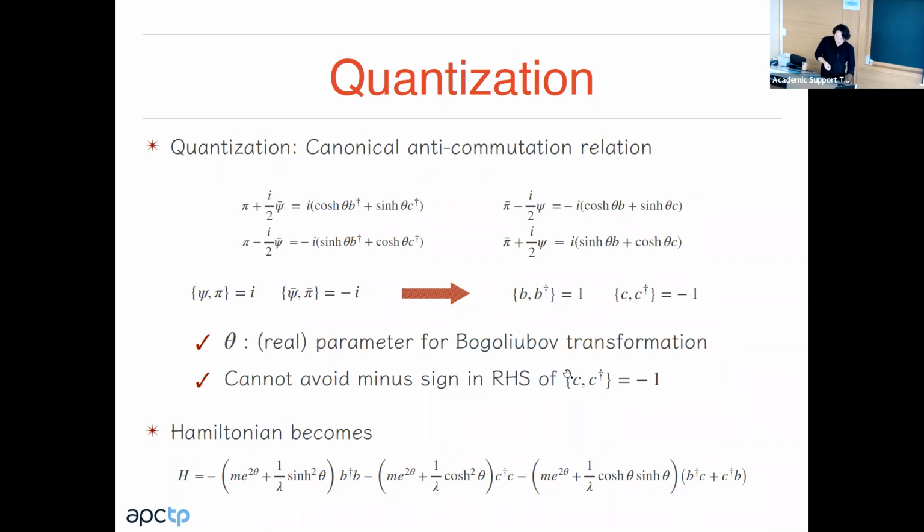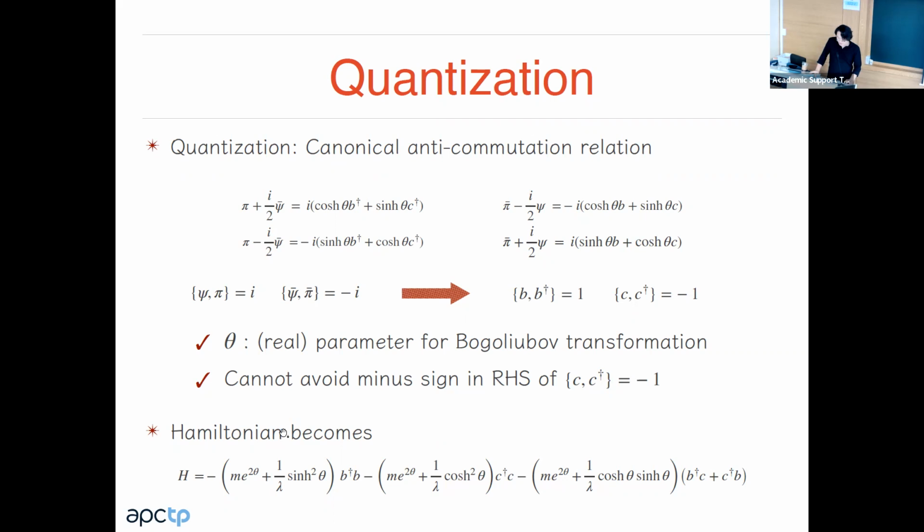Like a scalar, which I will explain in a later part, for the usual boson you can exchange the creation and the annihilation operator. Then you can flip the sign, but because this is an anti-commutation relation, such a trick does not work. So this is essentially important and physical.